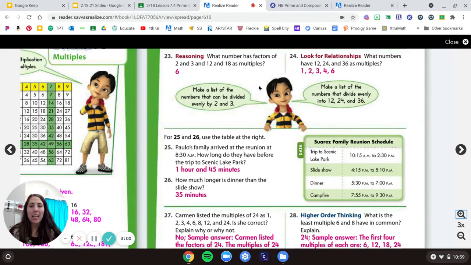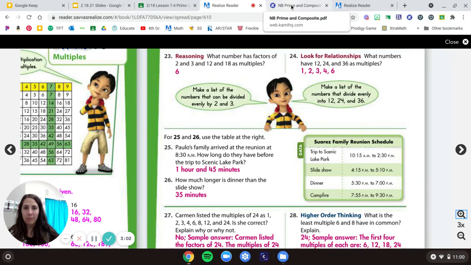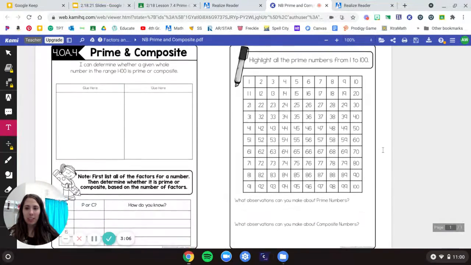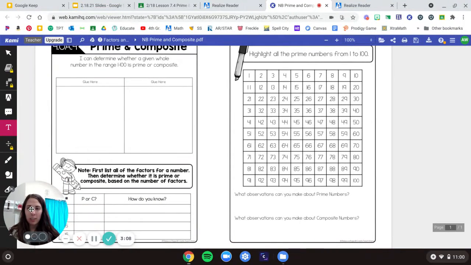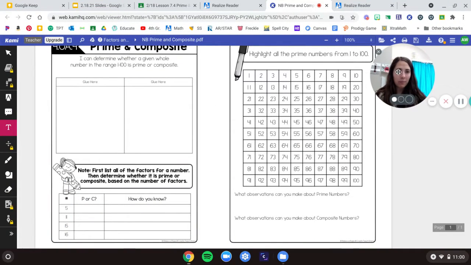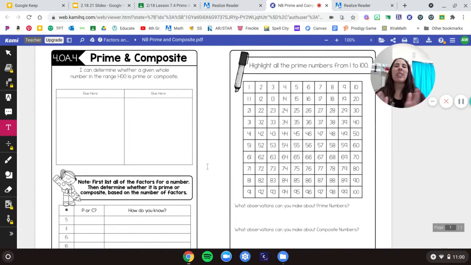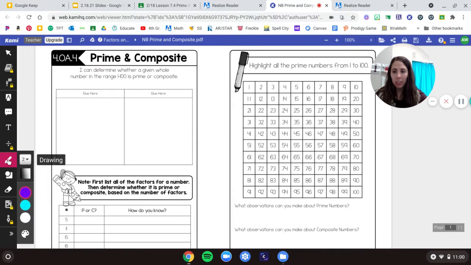So now let's go ahead and get our notebook page out and ready. All right. So I'm going to move this over here. Perfect. Okay. So today, fourth grade friends, we're talking about prime and composite numbers. Now these seem like really confusing vocabulary words, but they're not. So what we're going to do first is just cross off this glue here.